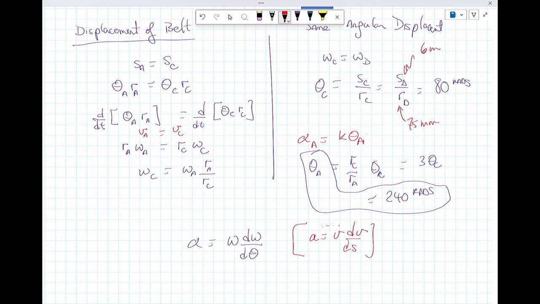I can do the same thing. I have a term, not a constant acceleration. I have K theta. Alpha A is K theta A, and I'm going to have to do an integration. So this goes back to your fond memories of section 2.2 of the book, where you did this with linear velocities and accelerations. It's the same thing, just written in this form. And again, rads per second, rads per second, rads per second over rads.